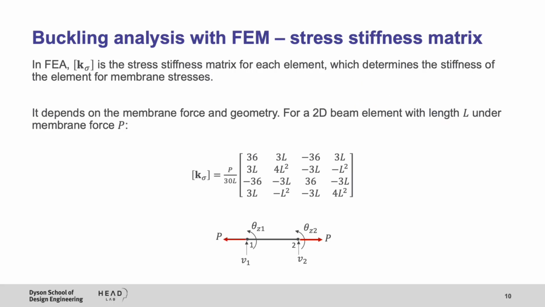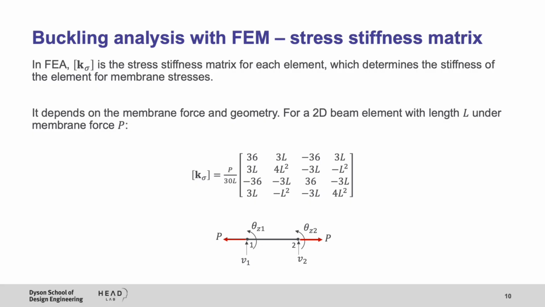Okay, how does FEA solve a buckling problem? In FEA, the K sigma matrix is the stress stiffness matrix for each element, and it determines the stiffness of the element under membrane stresses. This stress stiffness matrix depends on the membrane force and geometry, as we have seen for a beam before.